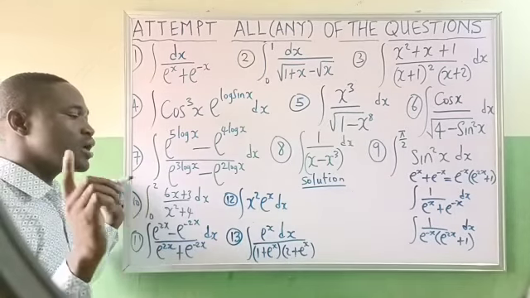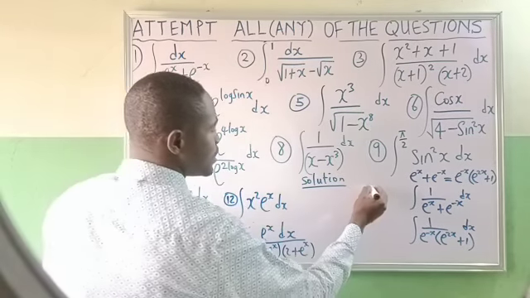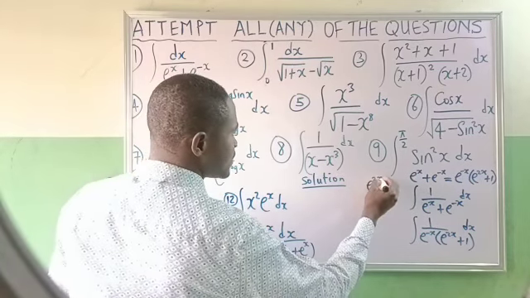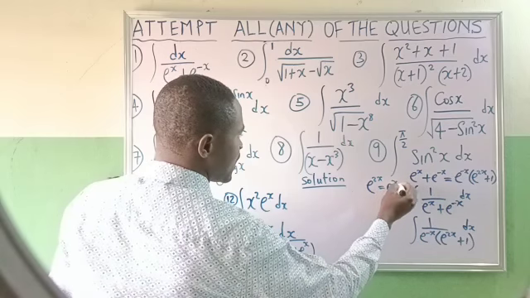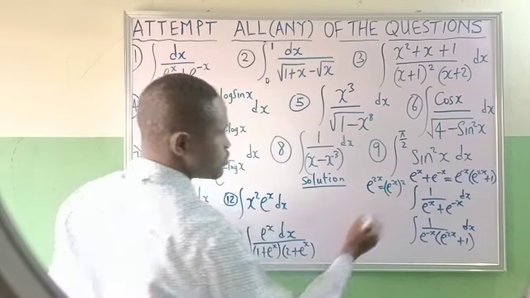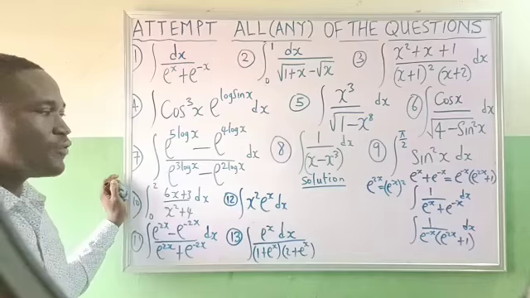Now, it's also important to note that e^(2x) is the same thing as e^x all raised to the power of 2, noted from the law of indices.